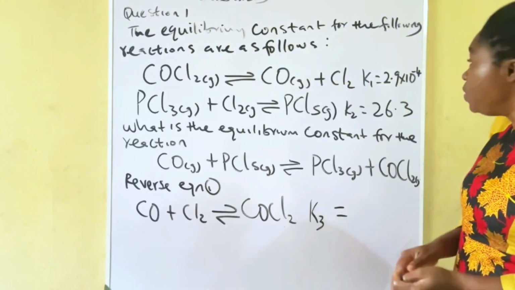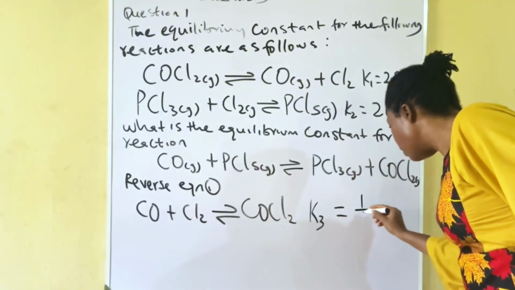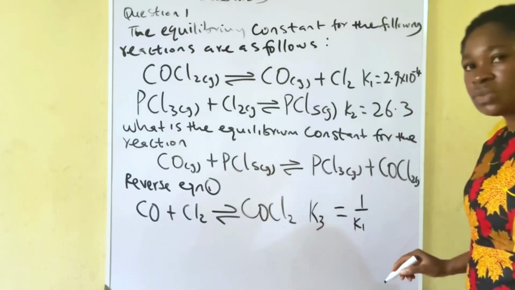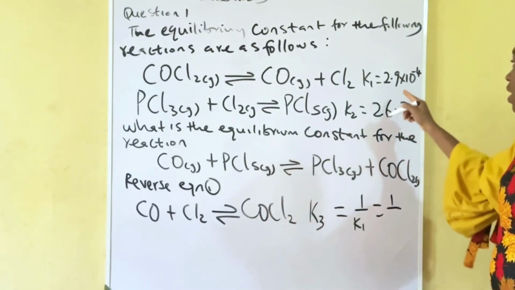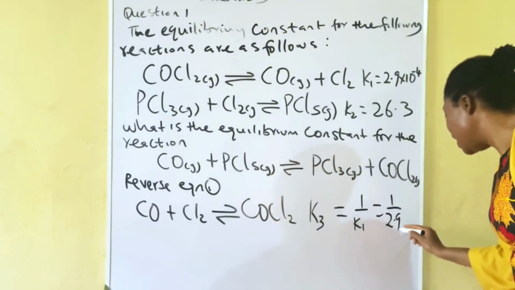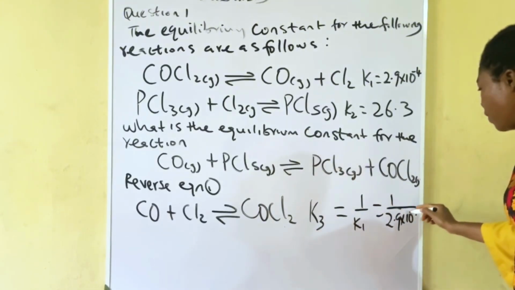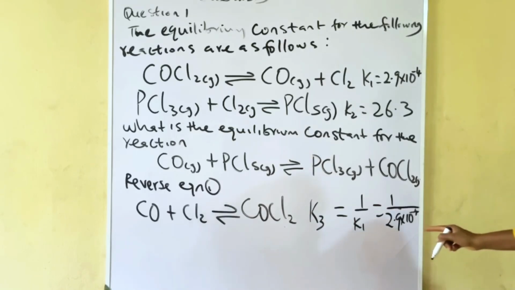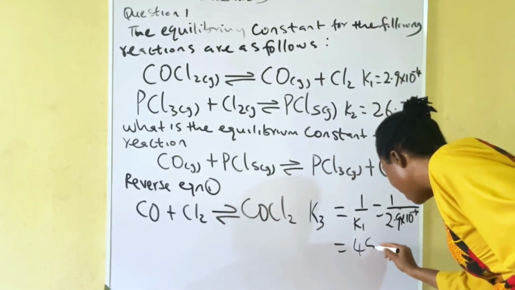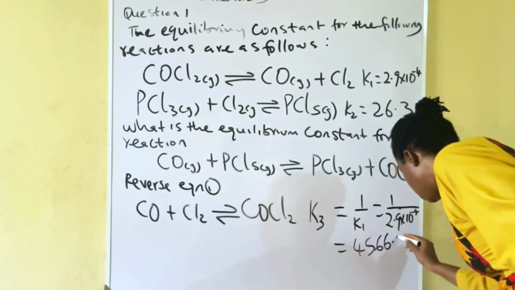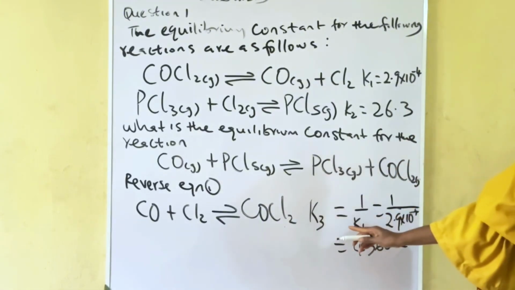K3 is going to be the inverse of K1. What should be the new value? The value is going to be 1 over K1, which is 1 over 2.9 times 10 raised to the power minus 4. We're going to have 4566.2. So that's the value for K3.